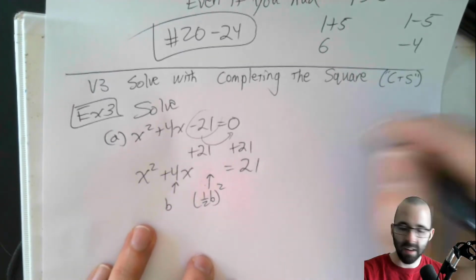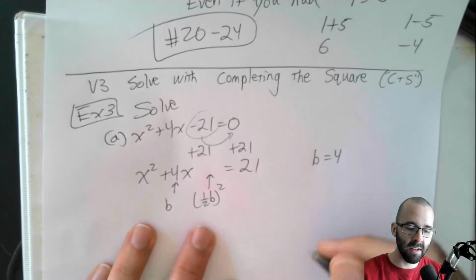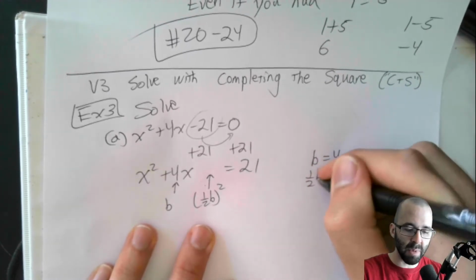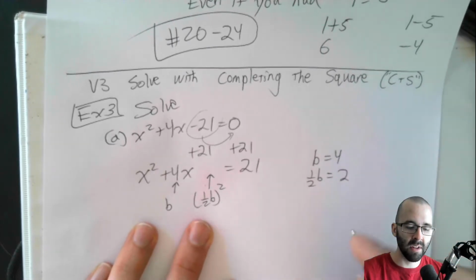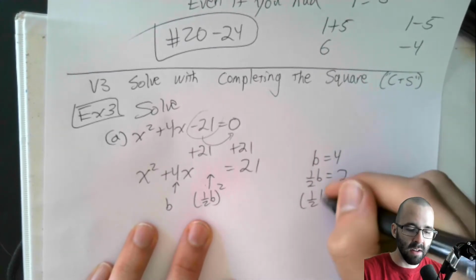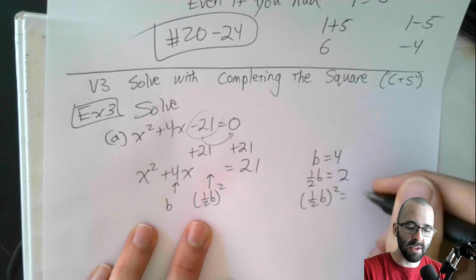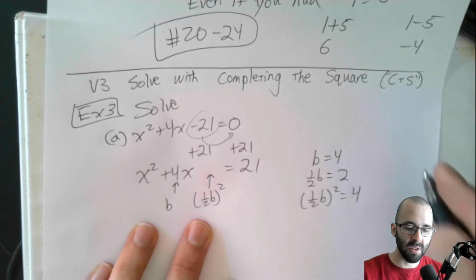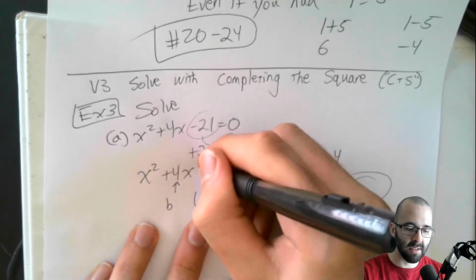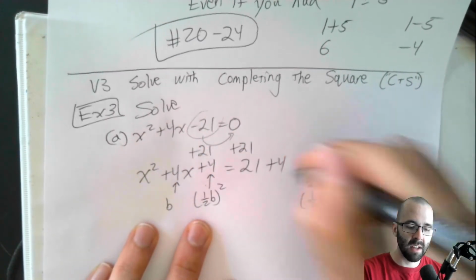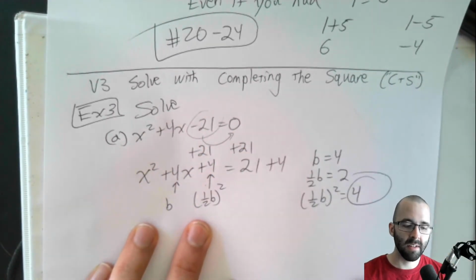So again, what have we got here? Well, b is 4, we said. What is 1/2 of b? Well, that's half of 4. Half of 4 is 2. And if we square that, what do we get? 2 squared is 4. So this is what we need. We'll add that to both sides. Add 4 over here. Add 4 over here.